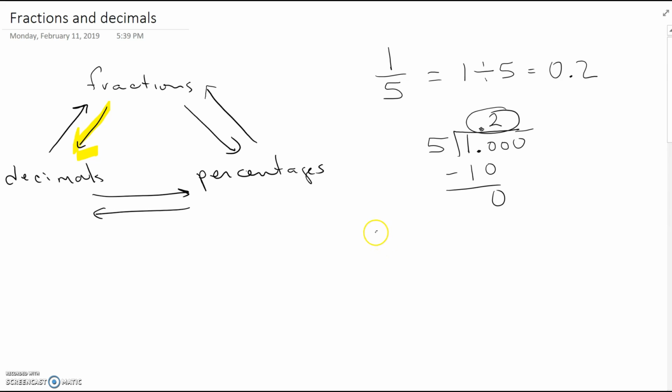Let's say we had 4/11. I could do that on my calculator, but I want to show you what it would look like if I did it by hand. So 4 divided by 11.